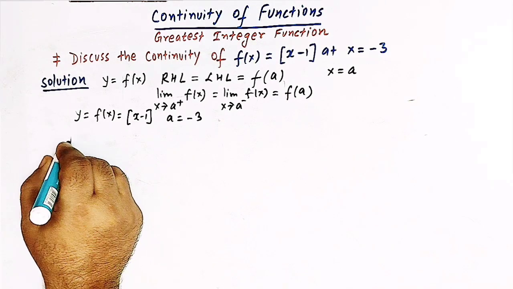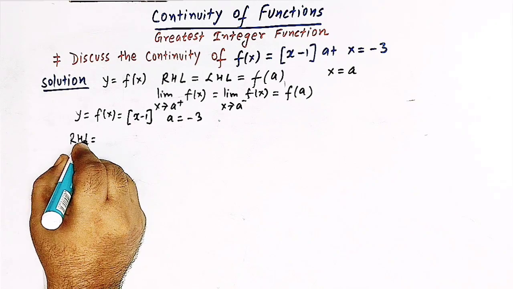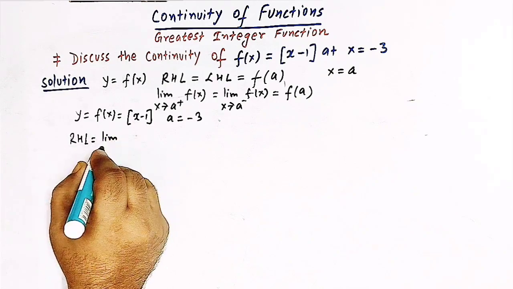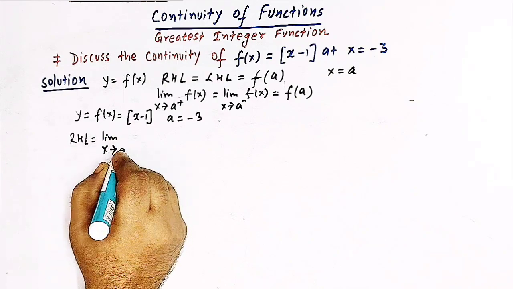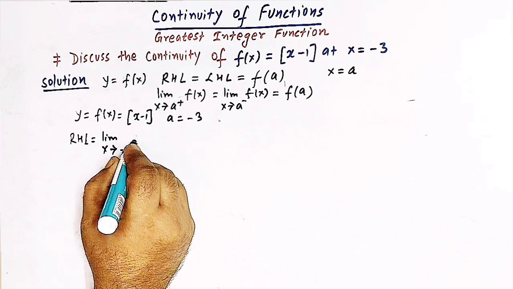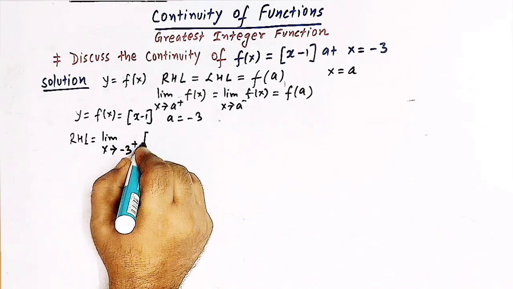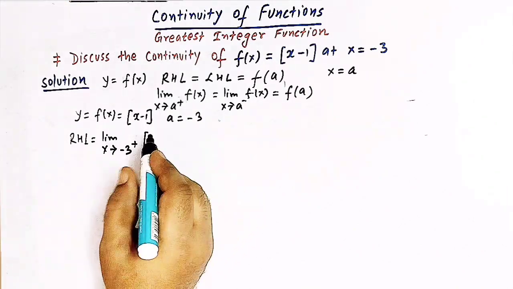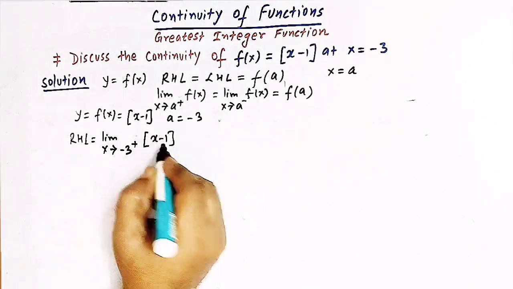Let us first find the right hand limit. The right hand limit is given by limit x tends to minus 3 plus, where we put a positive sign, of the function f of x, which is greatest integer of x minus 1.